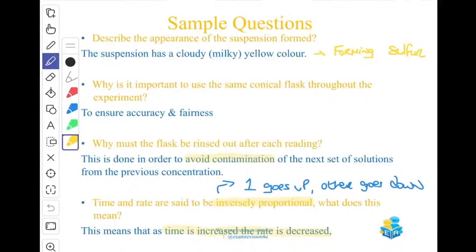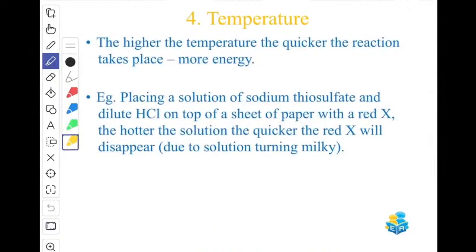So we're going to move on to temperature now. And with temperature, it is a very similar situation to your concentration experiment. So with temperature, the first thing that's important to know is that the higher the temperature, the quicker the reaction takes place. And the reason this happens is because there is more energy in your system.